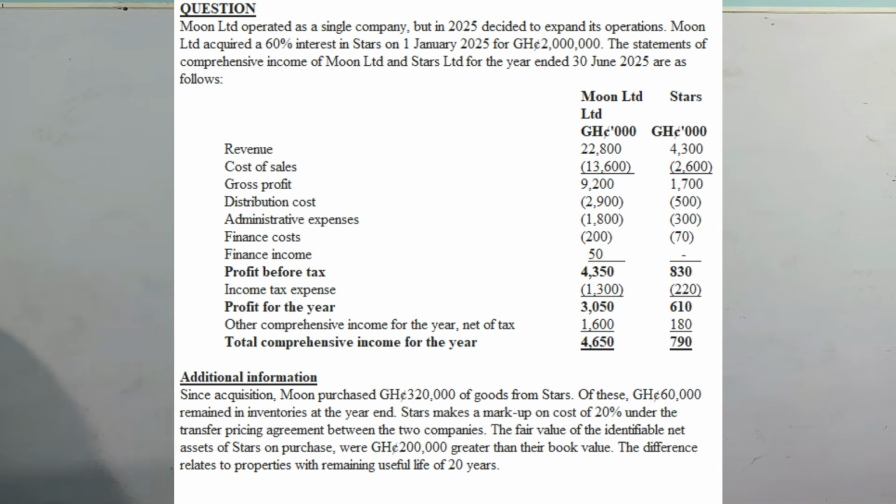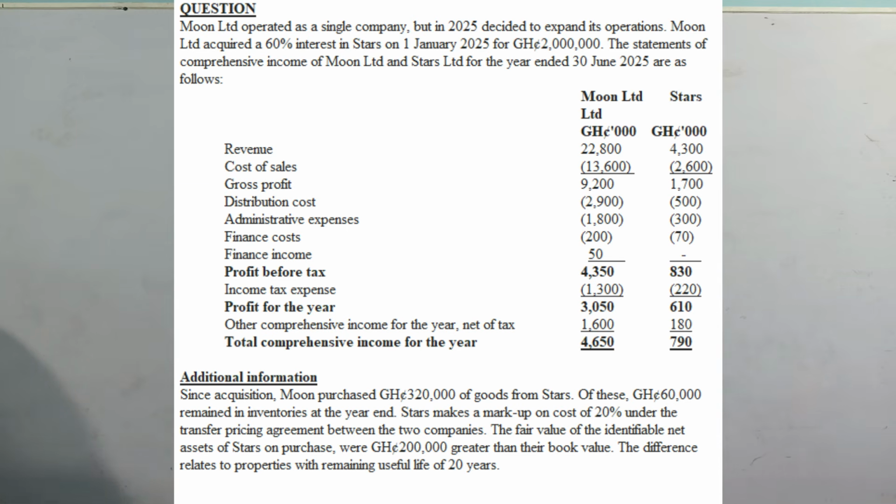There is also other comprehensive income for the year net of tax, which is 1,600 for Moon, 180 for Stars. Total comprehensive income for the year, 4,650 for Moon, 790 for Stars. So this is the statement of profit or loss.